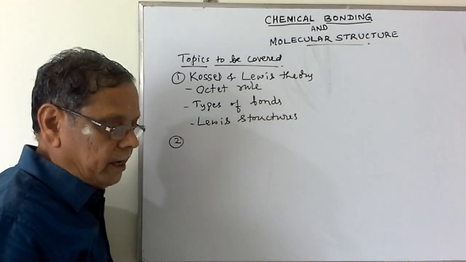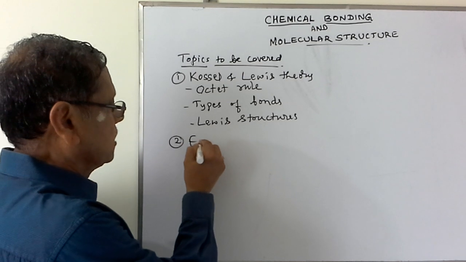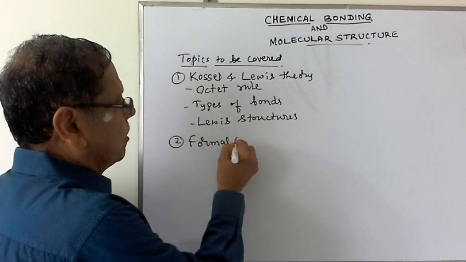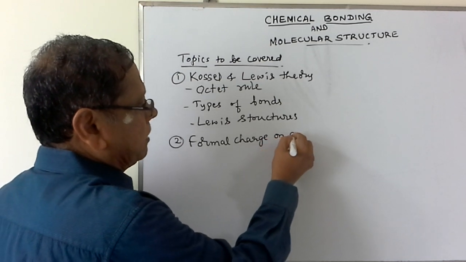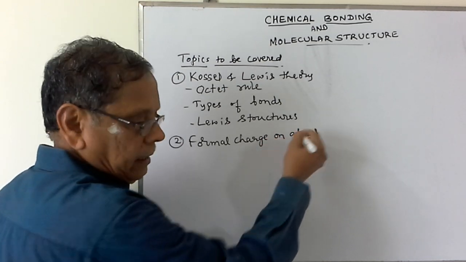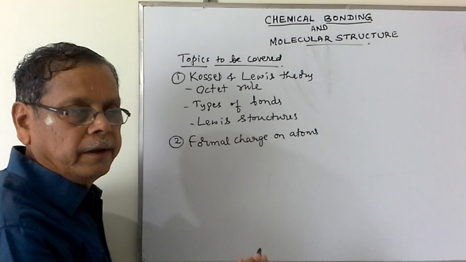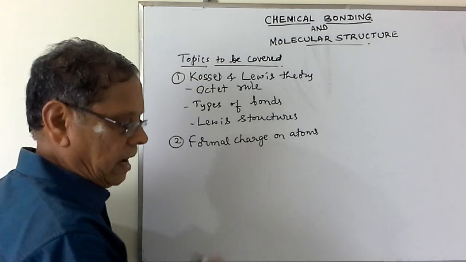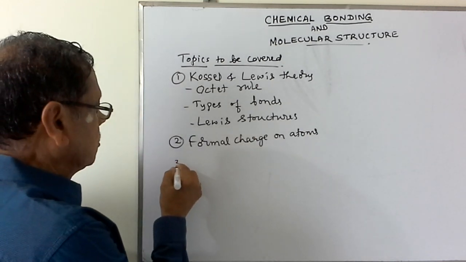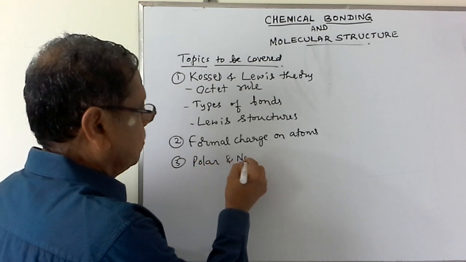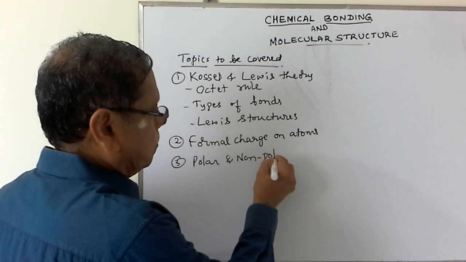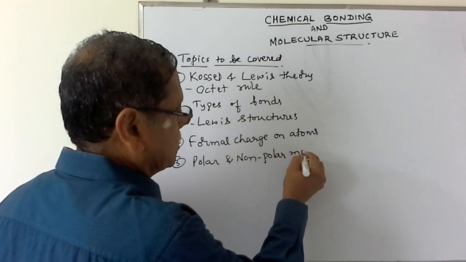And the second point that we consider is the formal charge on atoms in a molecule or ion. We will consider the charge on each atom. Then the next one is polar and non-polar molecules.